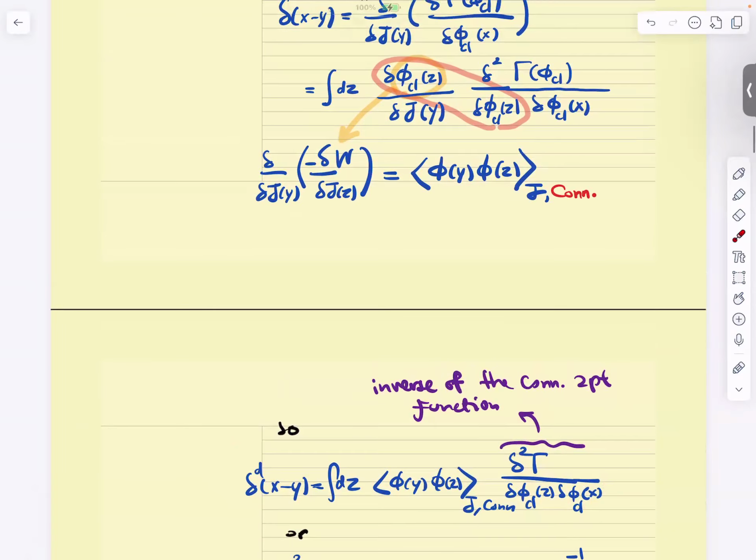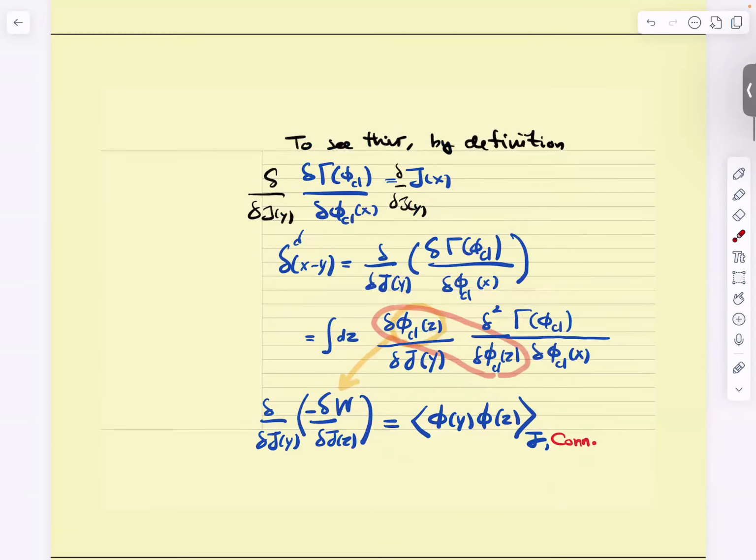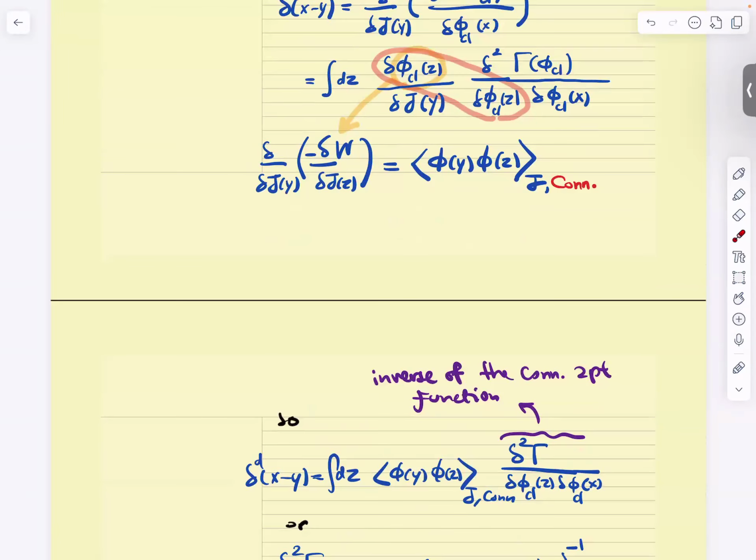So what did we learn? We learned that the first derivative of gamma, I'm just going to list it here, is a functional of the action, where the first derivative gives you J. Good.